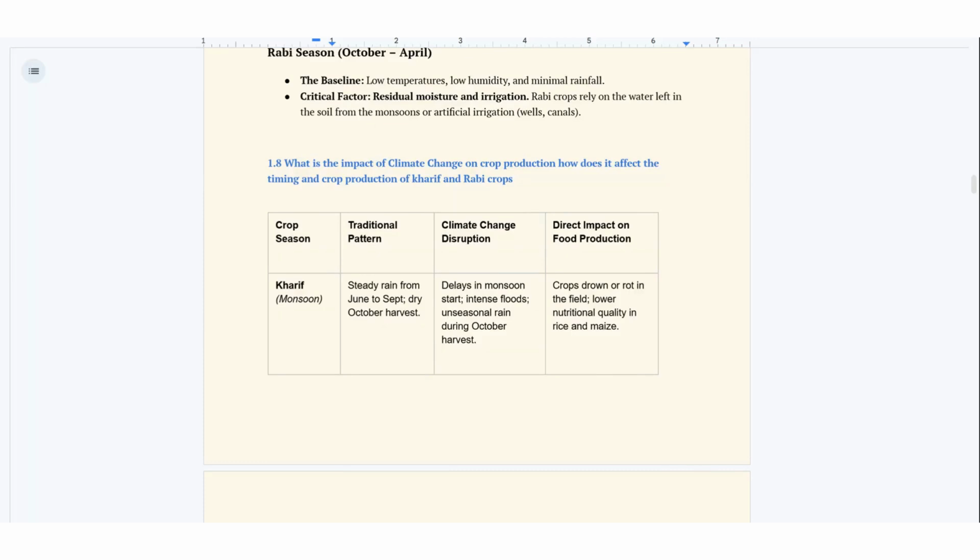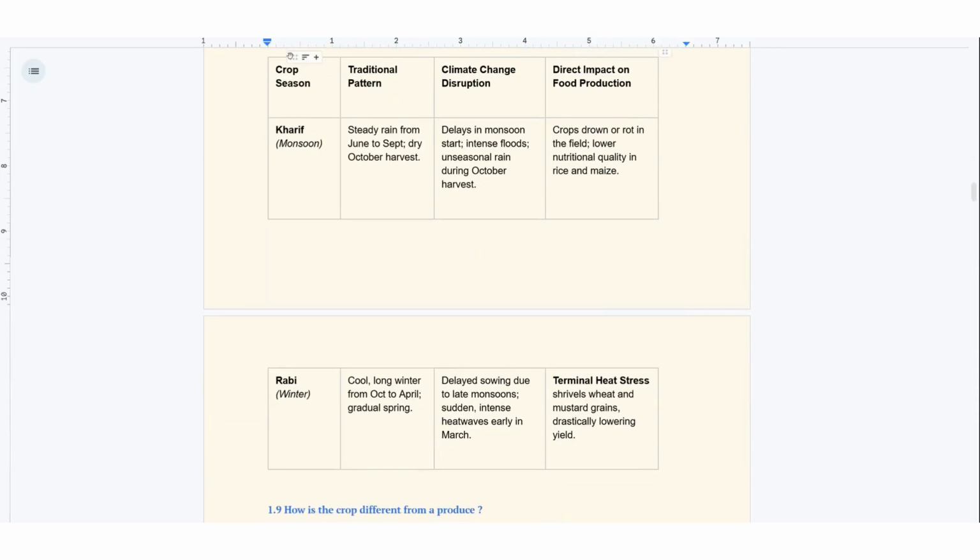what is the impact of climate change on crop production? How does it affect the timing and the crop production of kharif crops and rabi crops? So if you see, we have categorized like kharif, which is monsoon, rabi is winter. So traditional way is steady rain from June to September, dry October, and then Rabi is like a long, cool, long winter from October to April.